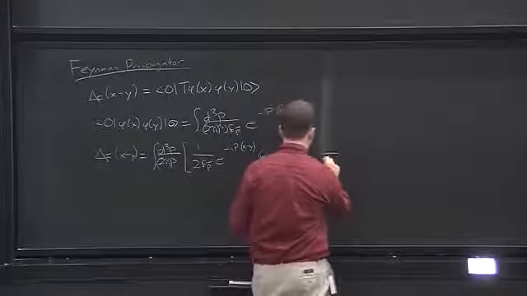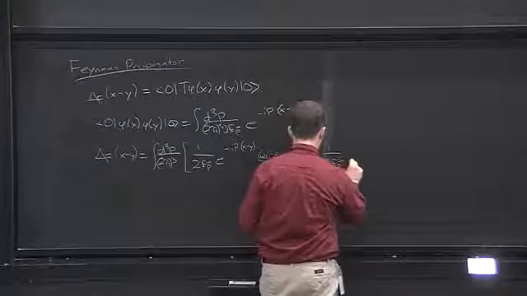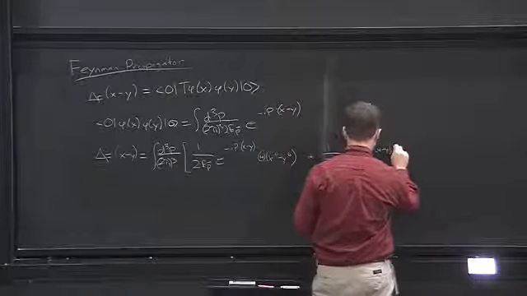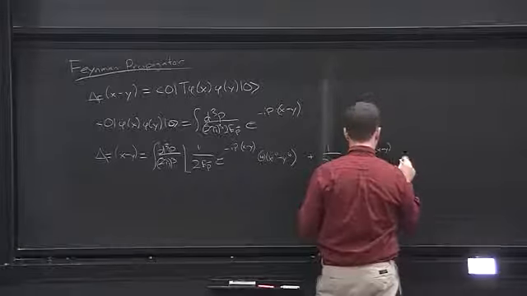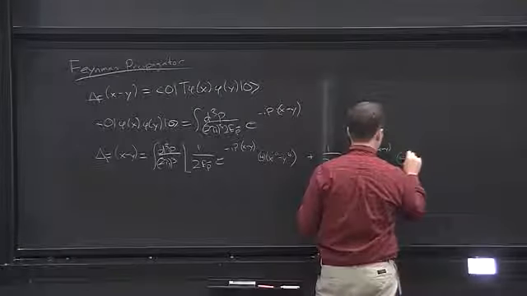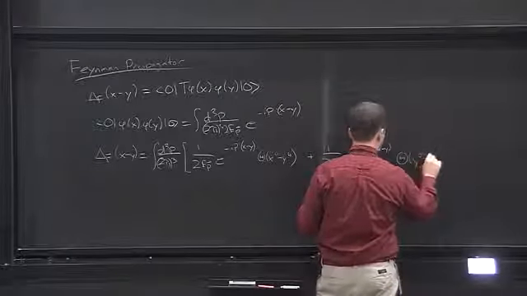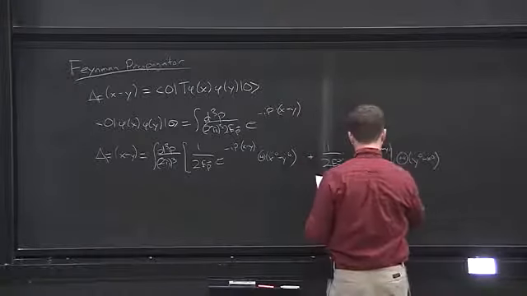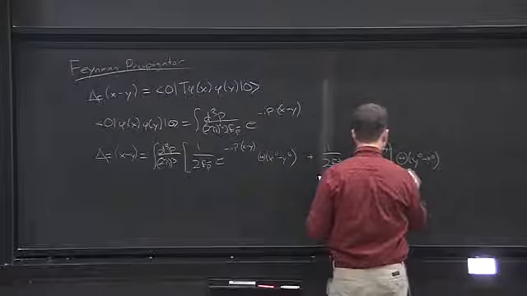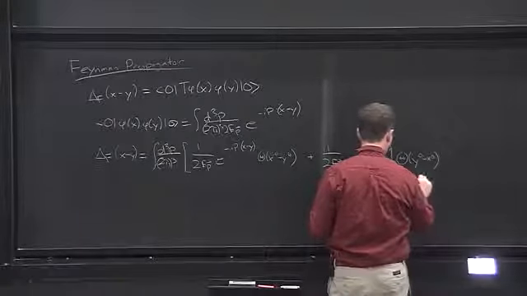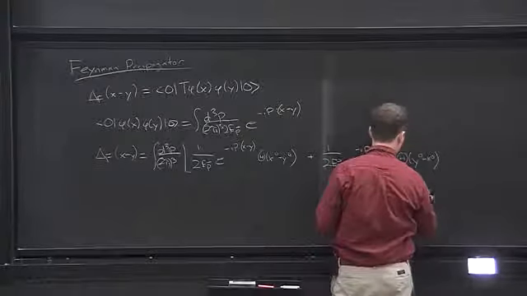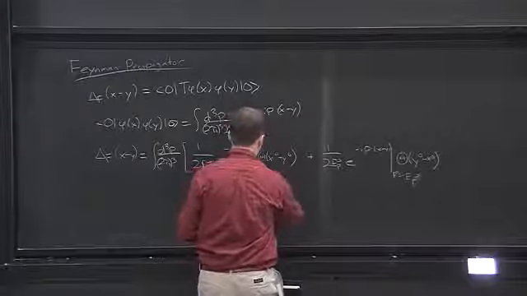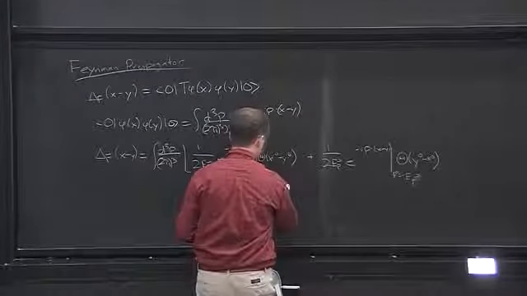So we're going to write it as 1 over 2 E_p, e to the minus i E_p dot x minus y, times this, evaluated at p naught equals minus E_p. And this term, of course, implicitly, as we've been doing all along, is evaluated at p naught equals E_p.